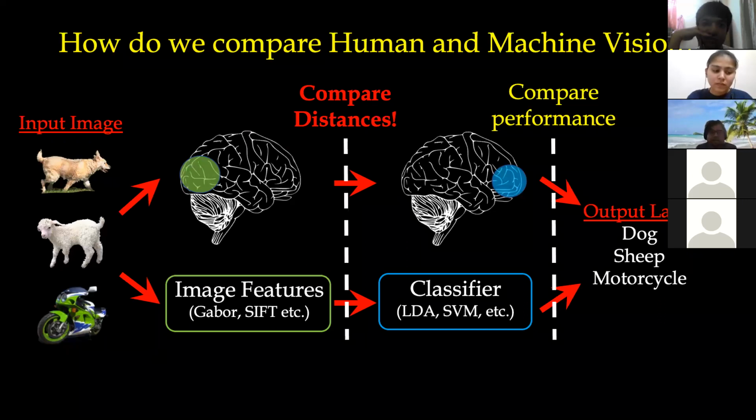This could be by poking electrodes into different parts of the brain and recording signals from those regions while the animal was looking at different stimuli. And we've also been able to replicate this in the human brain by using non-invasive techniques like fMRI.